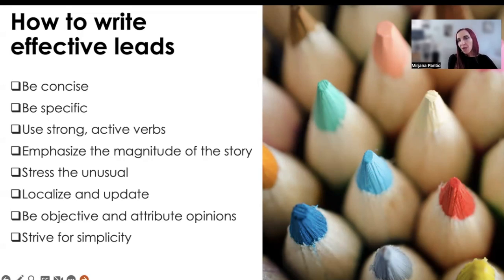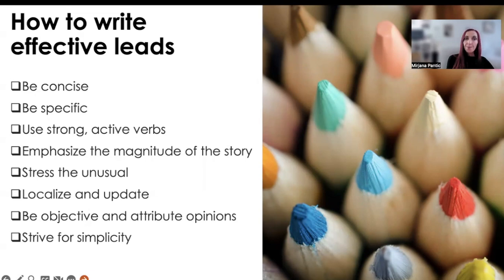So try to be concise and be very specific. One person died, 7 people were injured, 2 people were killed, 20,000 were impacted by the snowstorm on the East Coast, and so on. So just be as specific as possible.